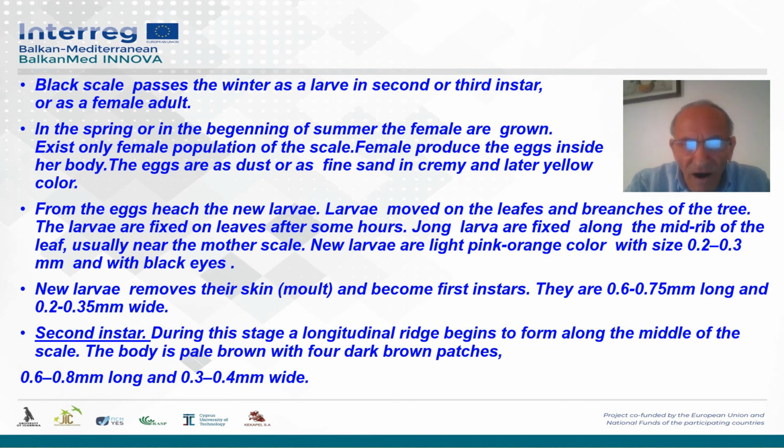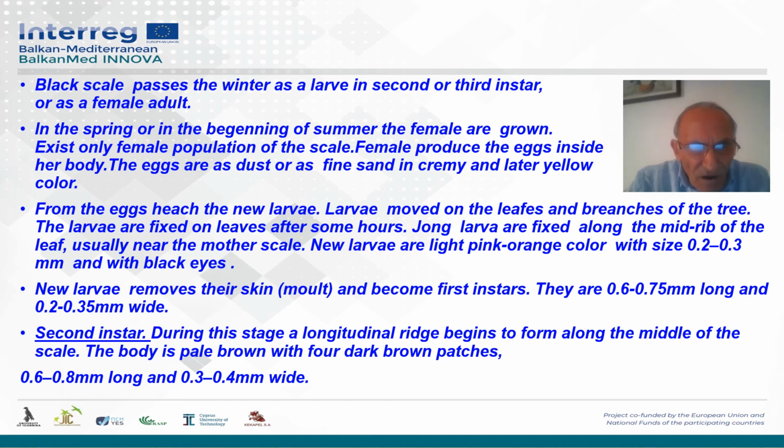New larvae are a light pink-orange color, with a size of 0.2 to 0.3 mm and with black eyes. New larvae shed their skin, the molt, and become first instars. They are 0.6 to 0.75 mm long and 0.2 to 0.35 mm wide.